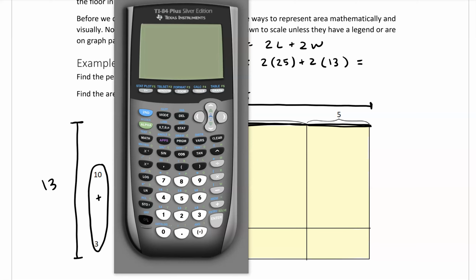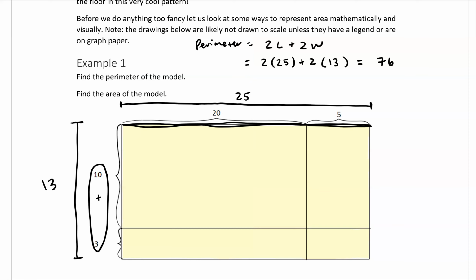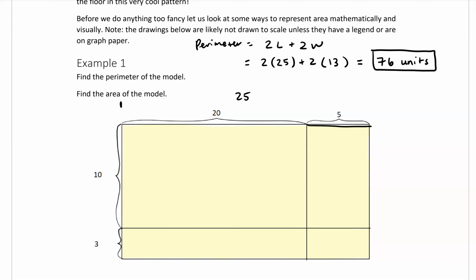I'm just going to throw that into my calculator. So we have 2 times 25 plus 2 times 13, and that is equal to 76 units. I'm just going to put units since we don't know if it's inches or centimeters or feet or anything like that. All right, so let's go ahead and erase this stuff.